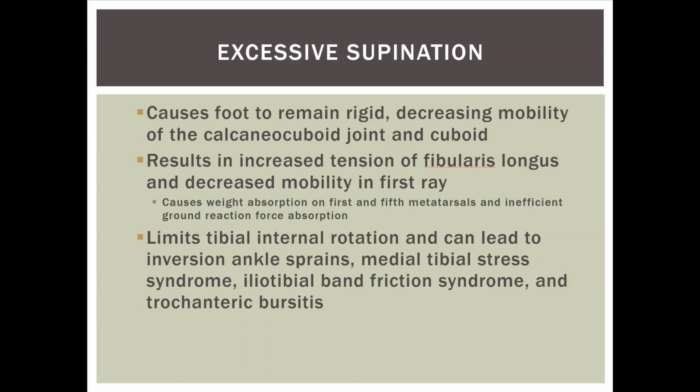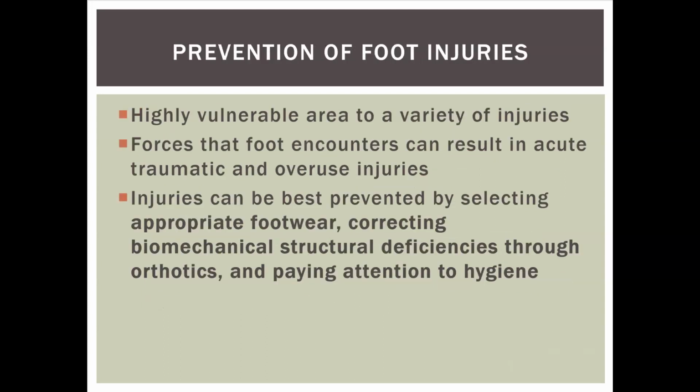Okay, if you only see the calcaneus, the toes, and the lateral aspect of the foot, then most likely you have pes cavus, or a high arch, or excessive supination. So hopefully that makes sense to you guys. Feel free to email me with any questions, and I can further clarify.